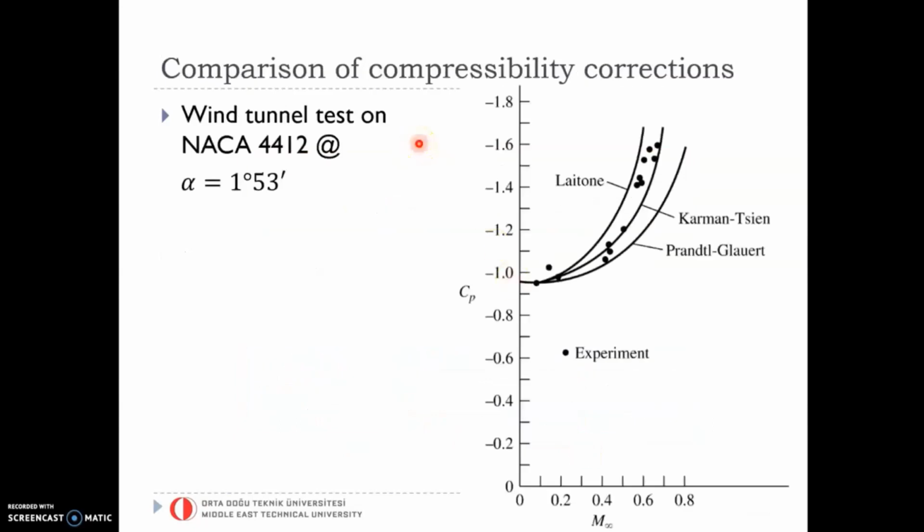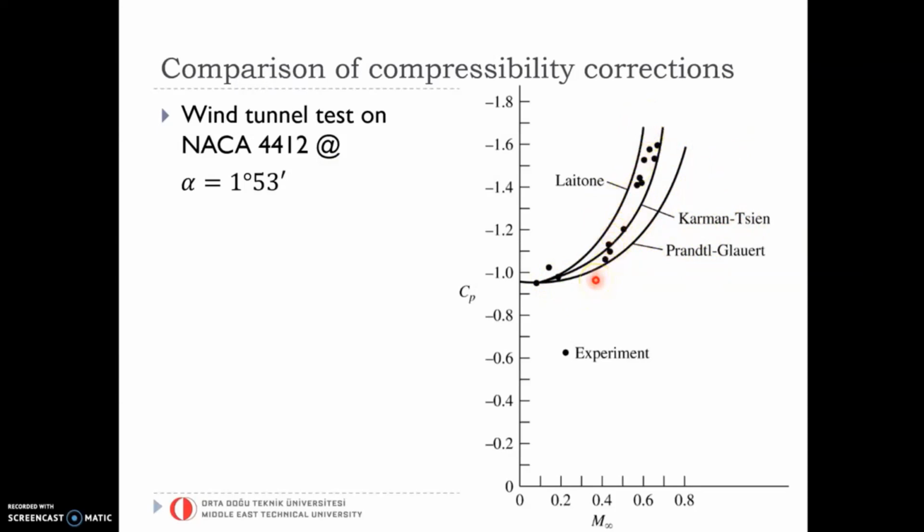Here are some wind tunnel tests on a NACA 4412 airfoil at some angle of attack, and here the dots represent the experimental data, and the lines represent different compressibility correction results. The lowermost one is the Prandtl-Glauert one, and then we have Karman-Tsien and then Laitone's corrections.